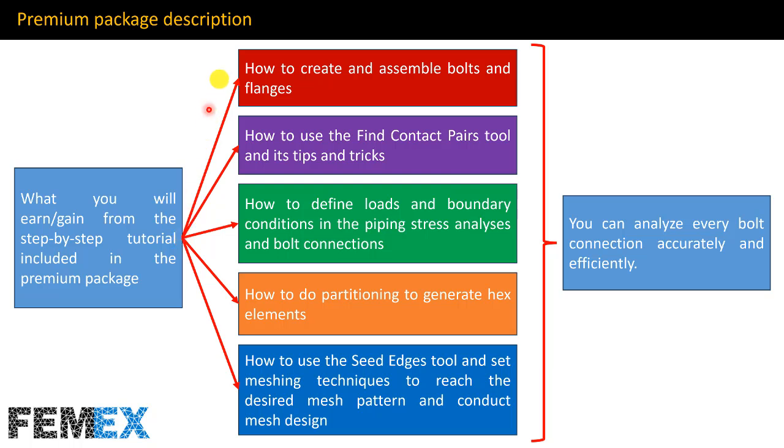You will learn how to create and assemble bolts and flanges, how to use the Find Contact Pairs tool and its tips and tricks, how to define loads and boundary conditions in the piping stress analysis and bolt connections, how to do partitioning to generate hex elements, and finally, how to use the seed edges tool and set meshing techniques to reach the desired mesh pattern and conduct mesh design. Finally, you can analyze every bolt connection accurately and efficiently.